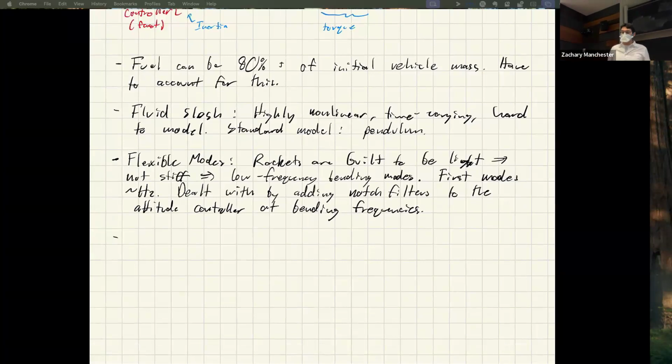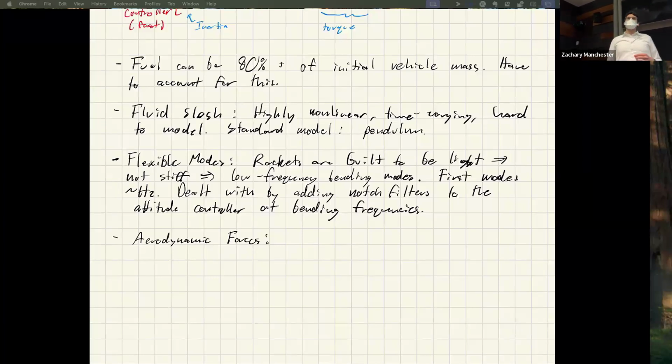And then other stuff that's not modeled here would be aerodynamic forces, quite obviously. And it turns out that for these purposes, we mostly ignore them. By the time you're doing this powered descent stuff, the vehicle's not moving that fast, and the aerodynamic forces are kind of in the noise.